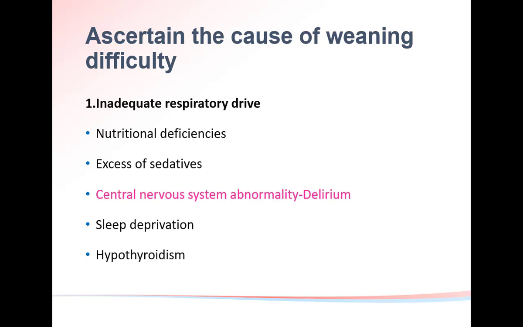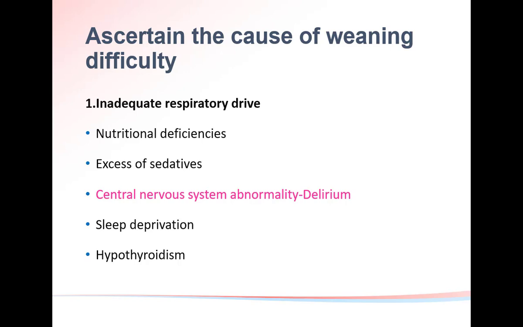Then very important is central nervous system abnormality, delirium. Sepsis, multi-organ failure, ICU, old age, metabolic alkalosis, all these are risk factors for delirium. I will not go into details of how to diagnose delirium. It is hypoactive and hyperactive, and hypoactive is very common.